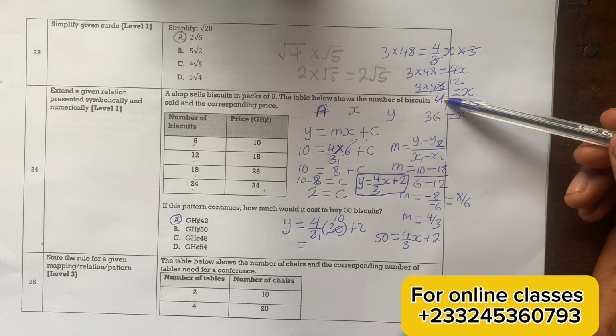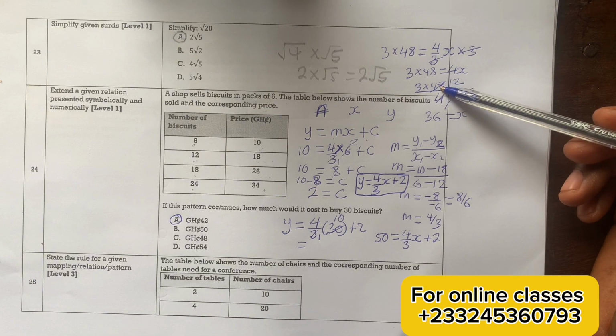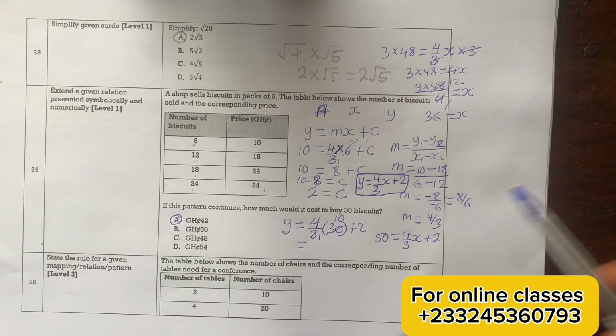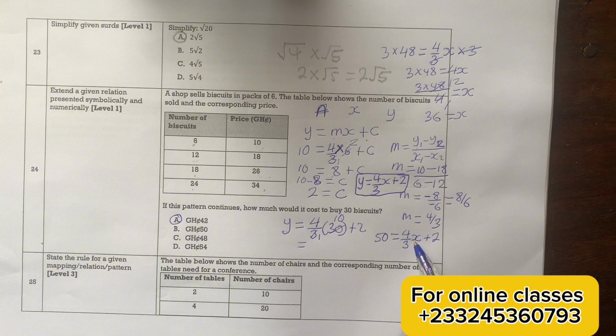Then this 4 will cancel into 48 to give 12. So that is it. If you like, you put 36 here and check. 3 will divide 36 twelve times, then 4 times 12 is 48, plus 2 gives us 50.